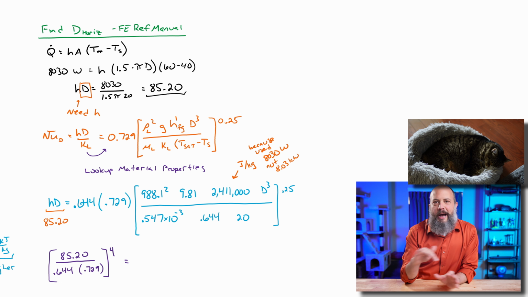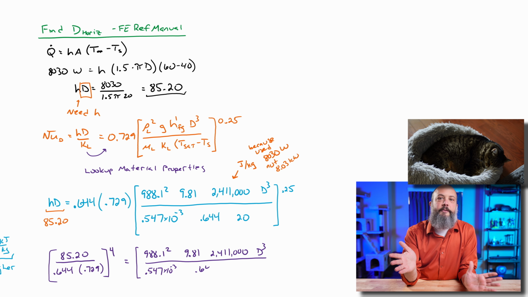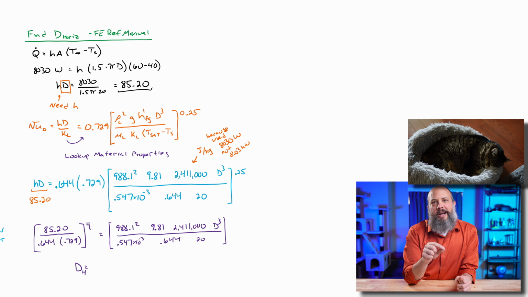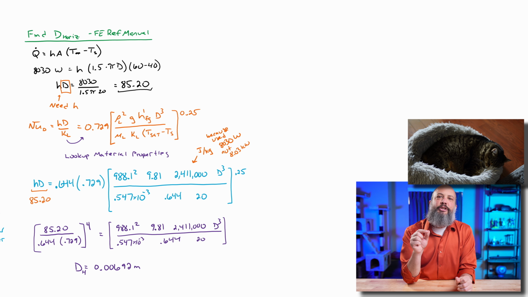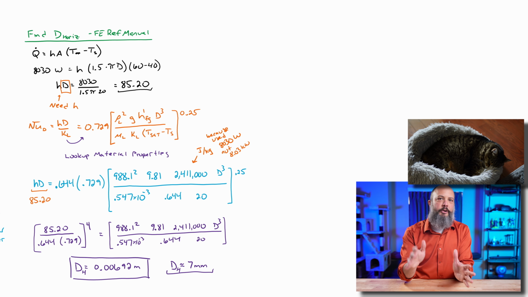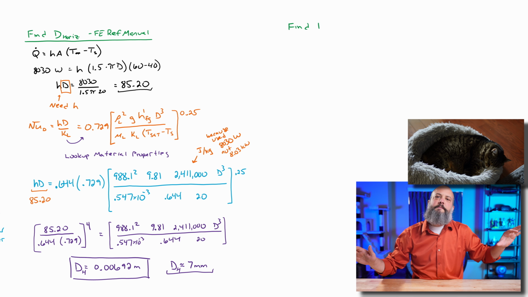Then I can take all the denominator terms and multiply them, take the numerator terms, divide, and then take the cube root of the whole thing to get D by itself. The diameter for the horizontal pipe is 0.00692 meters, which is about 7 millimeters. So in order to get the amount of heat transfer, we would need a 7 millimeter diameter horizontal pipe.